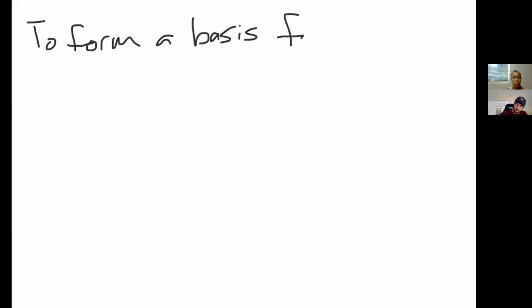So, I'm going to need some people to unmute themselves because I'm going to ask you 2 questions to form a basis. A basis for a vector space. I'm just going to shorthand VS here for vector space. We have to have a set of vectors, and those vectors have to satisfy 2 things.